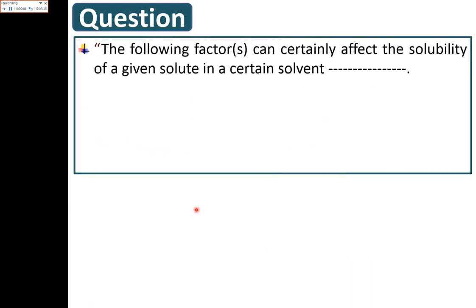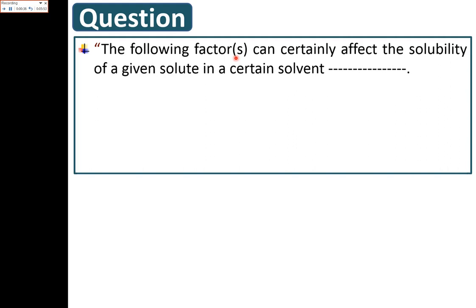The other question: the following factor or factors, as you can see here, because you may observe that several answers in the choices may fit in the gap here. So sometimes in the question you can see that we put (s) between brackets here to open the opportunity for choosing more than one choice.